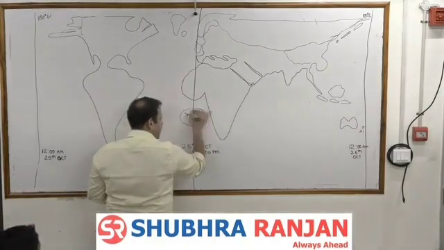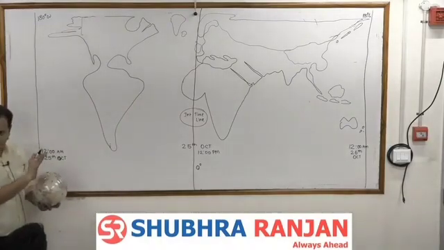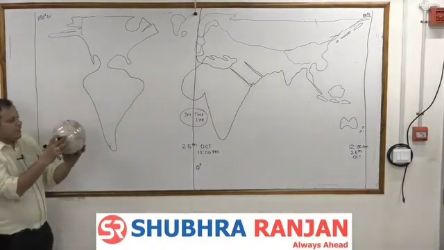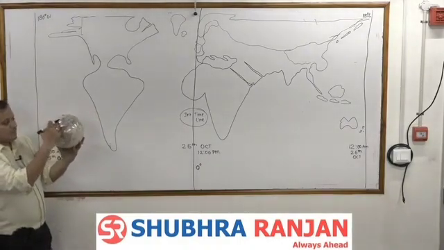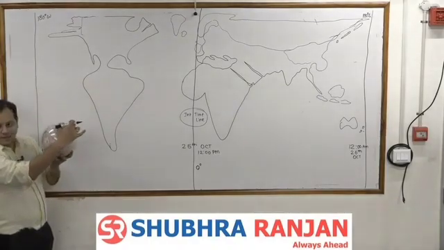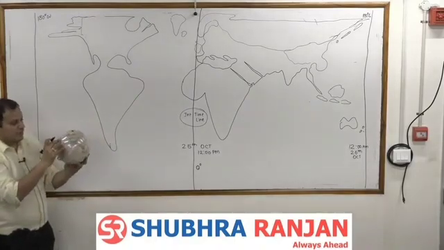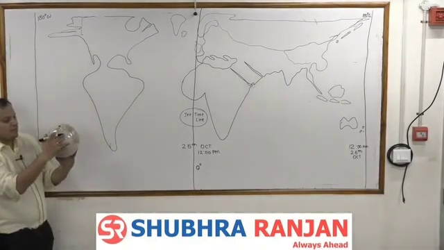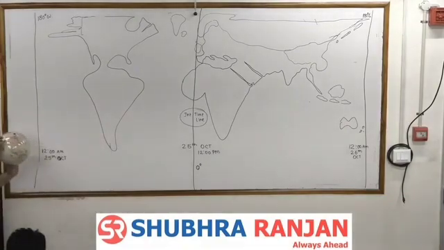Right? 0 degree. So if I go from here till Japan, this 180 degree east, it is 26th of October. If I go to the 180 degree west, what is this? 25th of October. But can you realize the Earth is round?